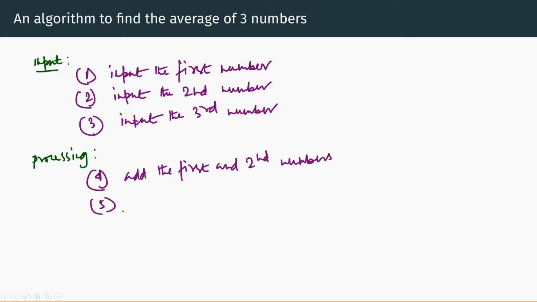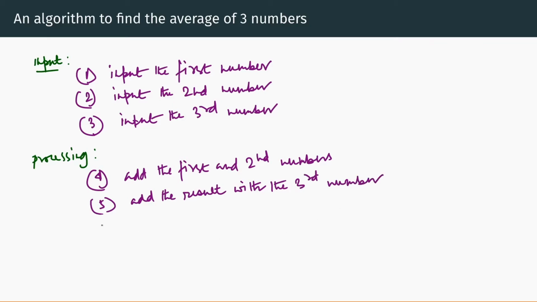Since we could add two numbers only, we cannot add three numbers. What we can do is add the result with the third number.